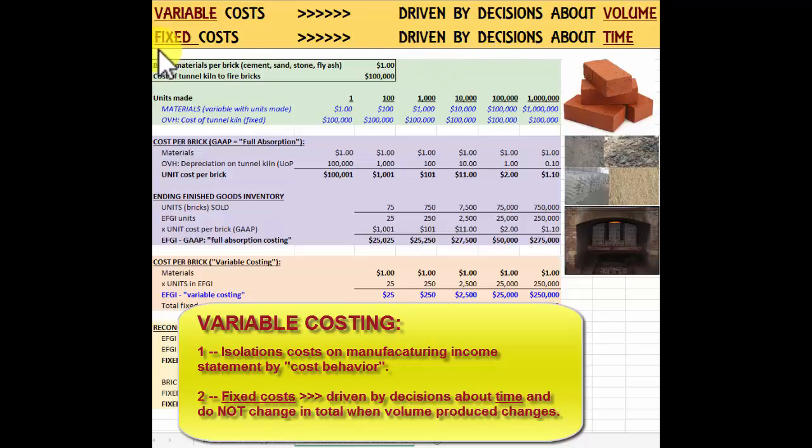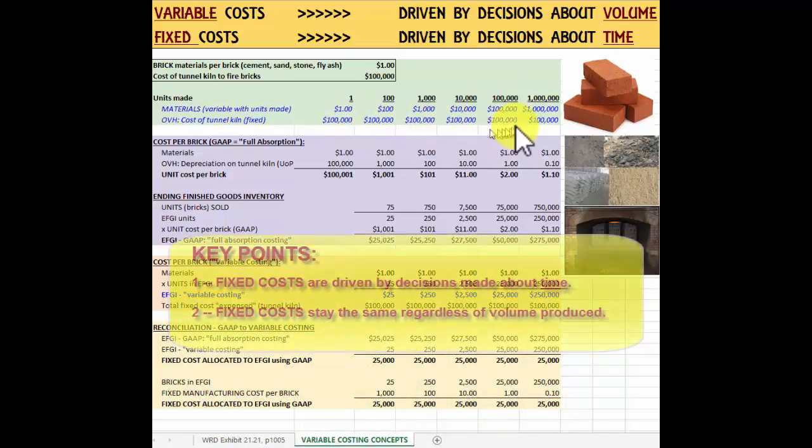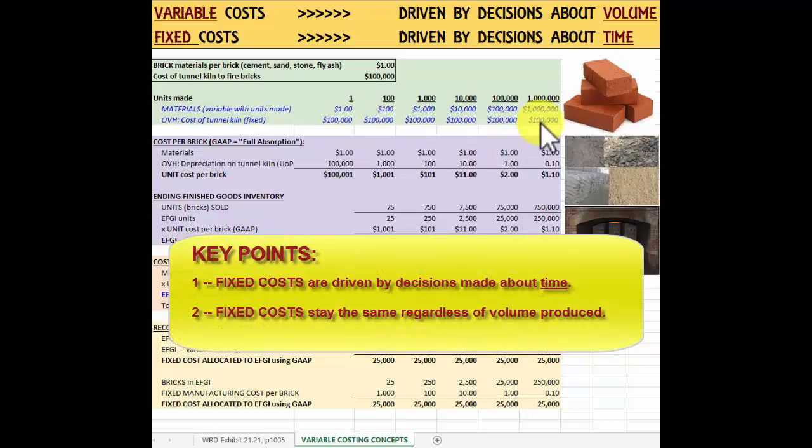Fixed costs, on the other hand, are driven by decisions about time. In other words, if we make 1 brick during the first year, or if we make 1,000,000 bricks during the first year, the overhead cost for the depreciation on the tunnel kiln will still be $100,000 in each case.